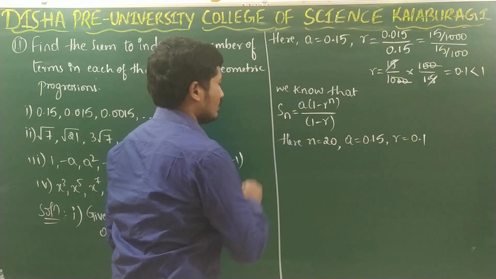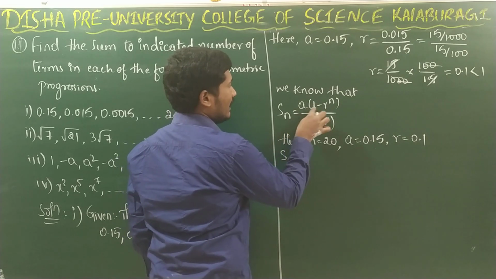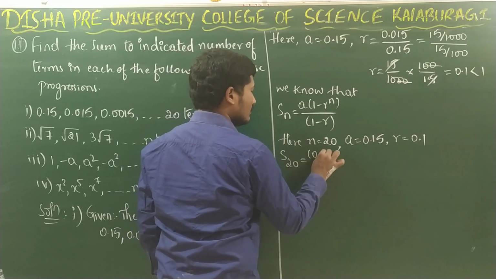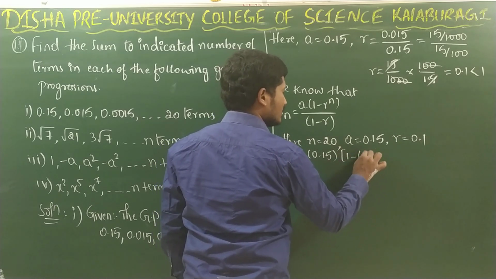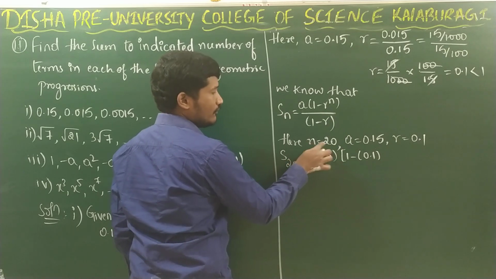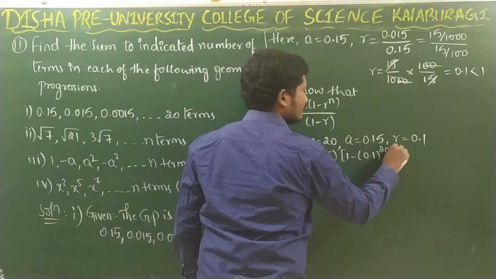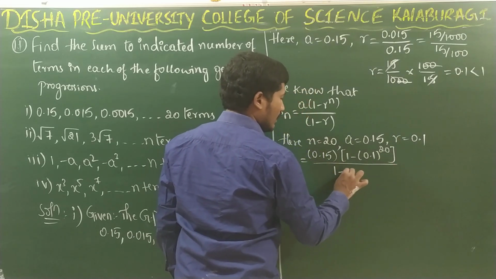So let us substitute the values. S20 is equal to A into, what is the value for A? 0.15 into 1 minus, what is the value for R? 0.1. Whole power n, what is the value for n? 20. I am just substituting the terms, right? So whole divided by 1 minus 0.1.